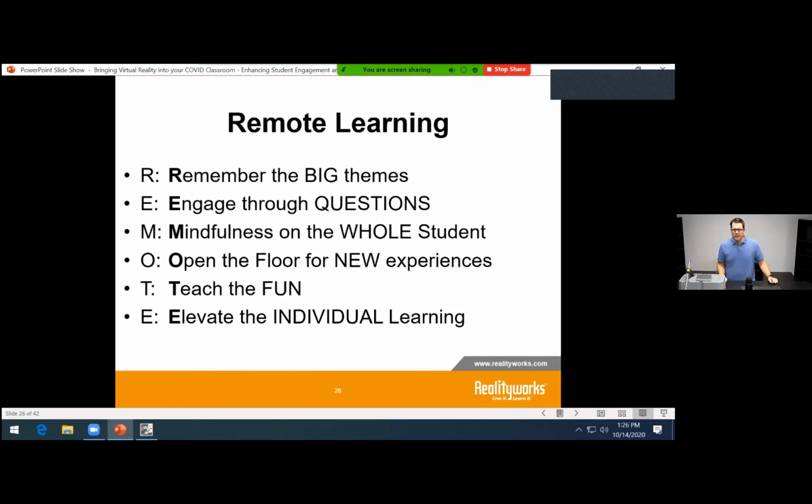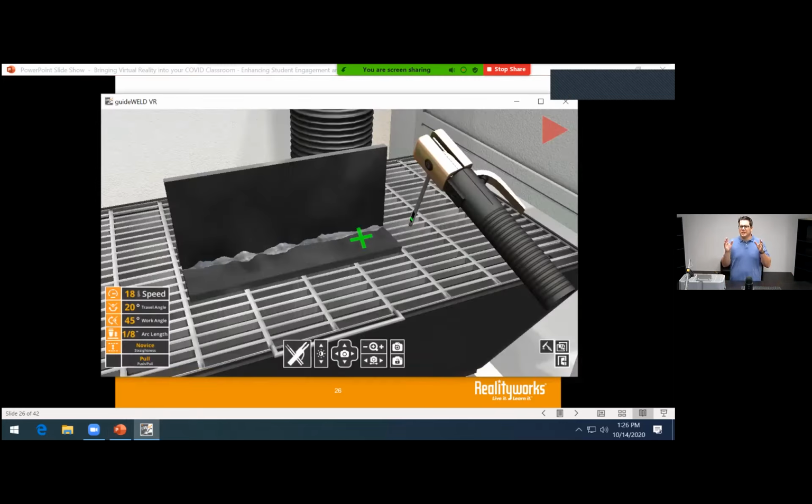What you were able to see me do here, going into this shop, even if they're remote, being able to have one of these and do demonstrations, being able to talk through, it gets them into a virtual shop. It is not in the classroom, but it's a virtual world that they can use.